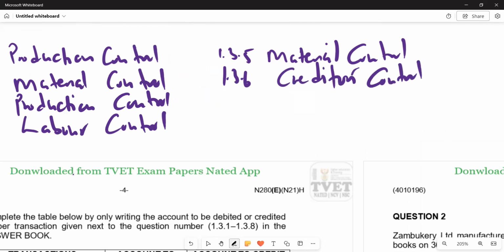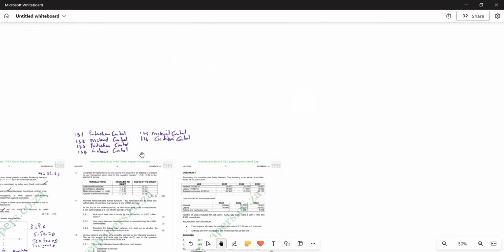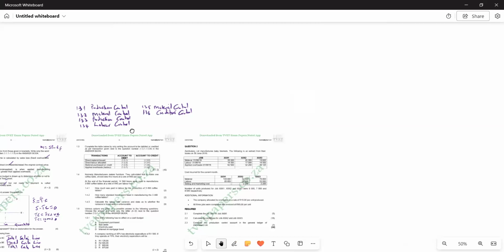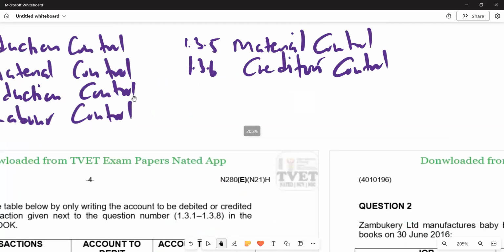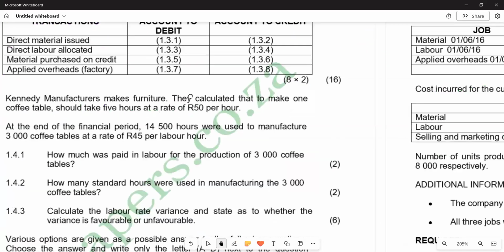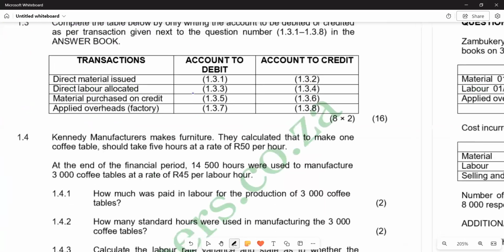Then we move on to 1.3.7 and see what we have. 1.3.7 and 1.3.8 is a double entry for applied overheads. On 1.3.7, we debit production control, and on 1.3.8 we credit applied overheads.